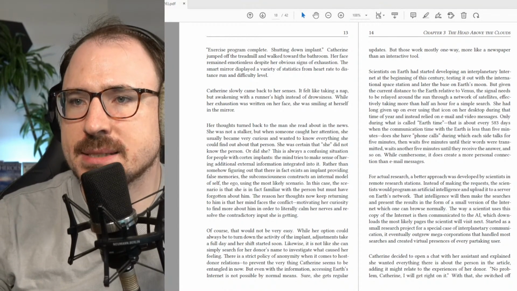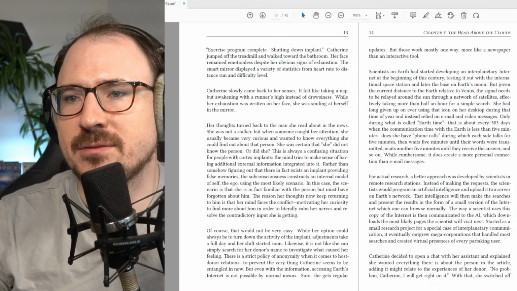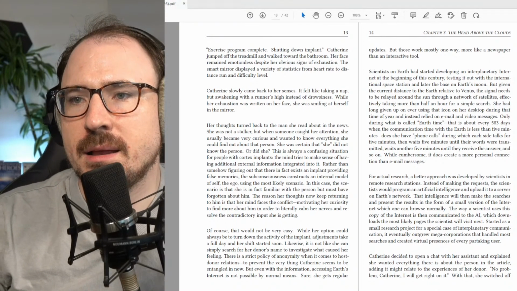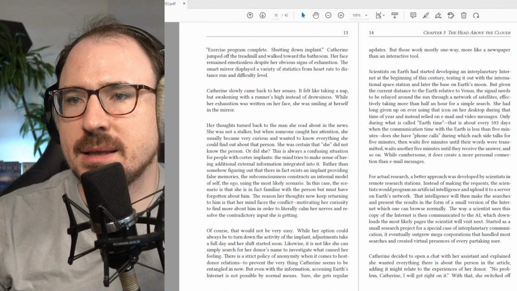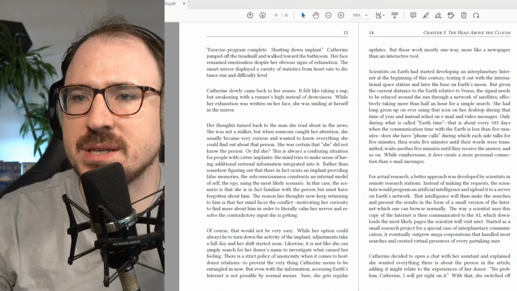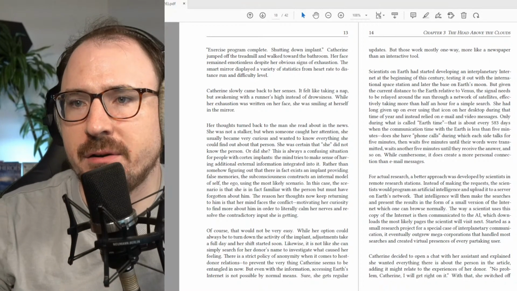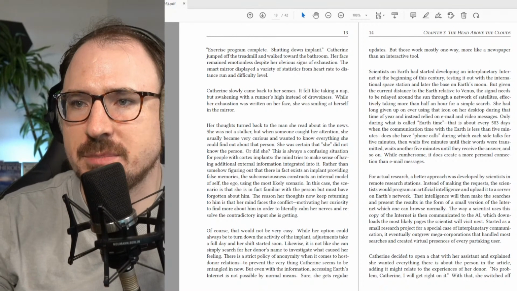In this case, the scenario is that she is in fact familiar with the person but must have forgotten about him. The reason her thoughts now keep returning to him is that her mind faces the conflict, motivating her curiosity to find more about him in order to literally calm her nerves and resolve the contradictory input she's getting.